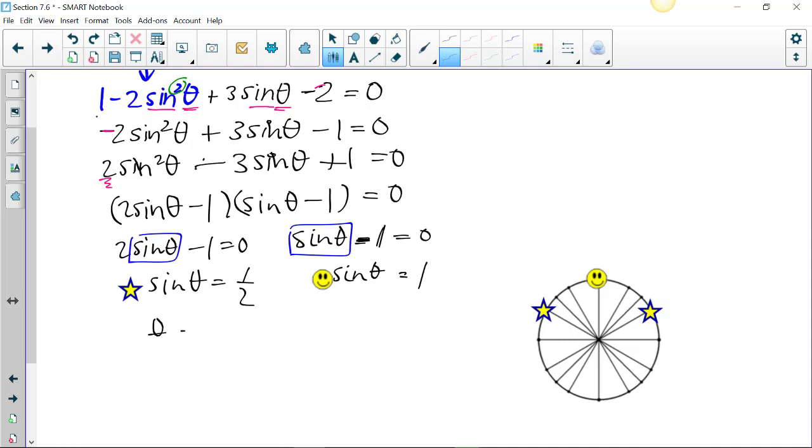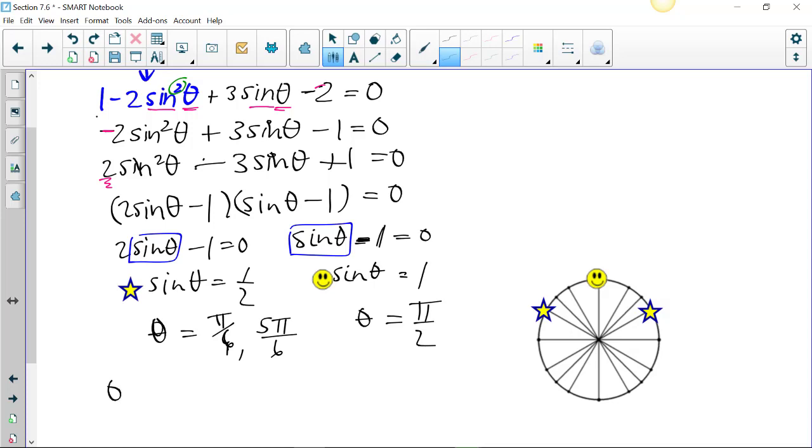So theta is pi over 6 in quadrant 1 and 5 pi over 6 in quadrant 2. And sine is 1 at pi over 2.